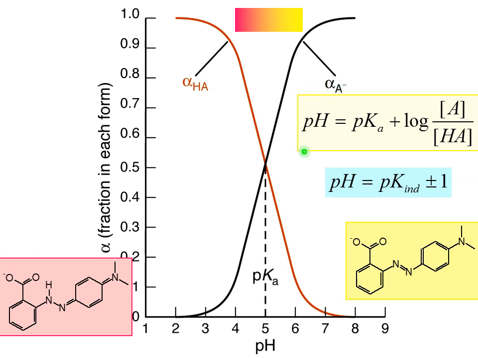Now we can look at the Henderson-Hasselbalch equation and see that if we have a ratio of basic form to acidic form of 10 to 1, pH will be pK plus 1.